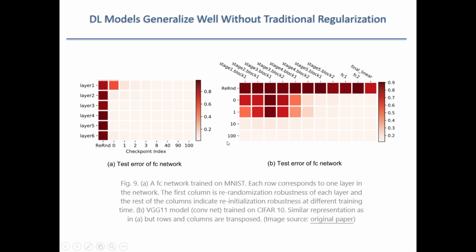And here is again the same. So these are the training iterations, and here are the different importances. The conclusion of this study is that not all the layers are equally important.